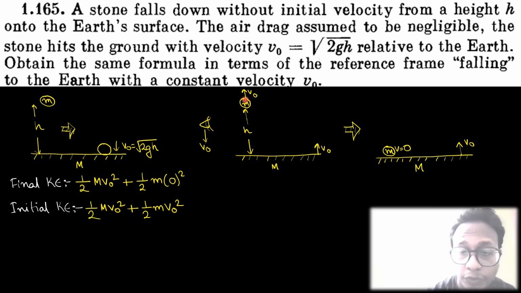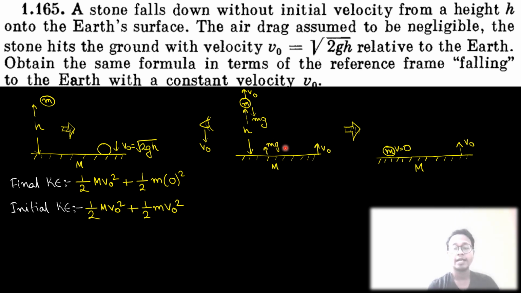What are the forces doing work here? The only forces acting between these two bodies are mg here and mg here. If the earth pulls this body with gravity force mg downward, an equal and opposite reaction force would be applied by the ball on the earth of the same value mg.